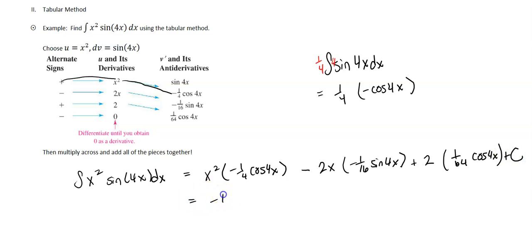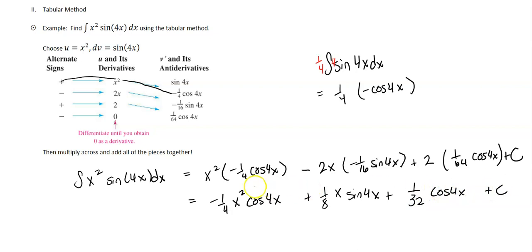So this gives me negative 1/4 x squared cosine of 4x plus 1/8 x sine of 4x plus 1/32 cosine of 4x plus c.